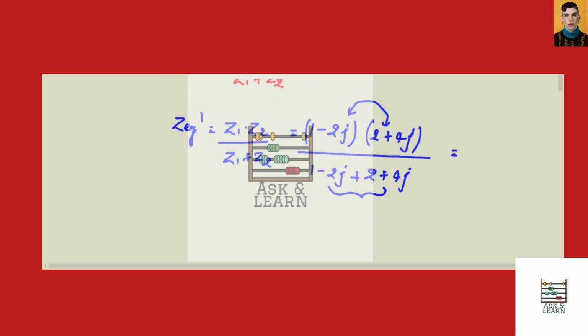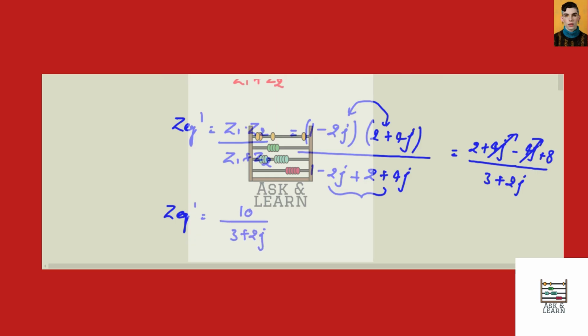If I multiply, I will get 2 plus 4J minus 4J plus 8, right? So this will be plus 8, and the denominator will be 3 plus 2J. As these two terms cancel, the value of Z equivalent dash will be 10 by 3 plus 2J.